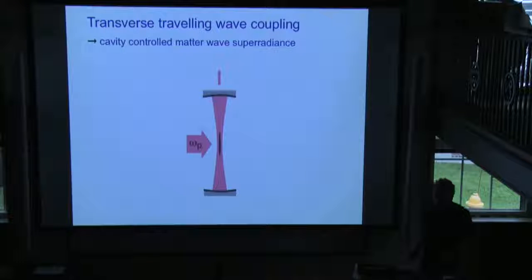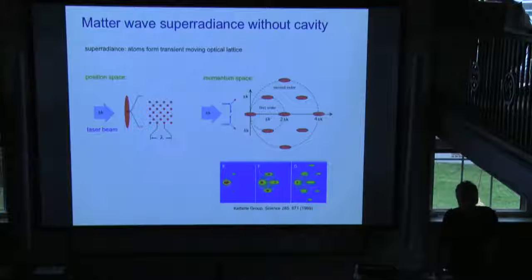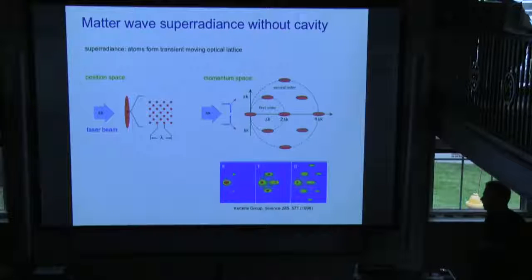Okay, so now we come to transverse traveling wave coupling. So we have a single beam coming from the left, and that may remind you of an experiment by Wolfgang Ketterle some time ago, I think 1999, where he was just shining light from the side on a cigar-shaped Bose condensate, so no cavity there, and that was enough to see these kinds of pictures in momentum space due to the fact that scattering processes of this kind form a lattice along this direction that interferes with the incoming light beam.